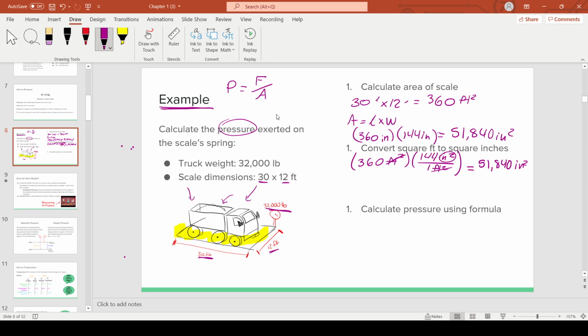Right? So, to find the pressure being exerted over that, we already know our force is 32,000 pounds. So, all we have to do is plug in our values into our formula. So, the pressure is going to equal our force, 32,000 pounds.